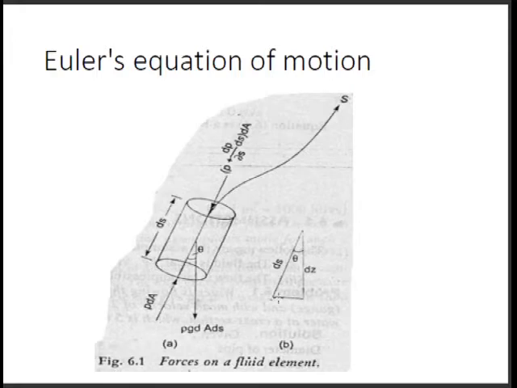The area of this cylindrical element is dA, and the length is ds. Consider a streamline, S, in which the flow is taking place in the S direction.